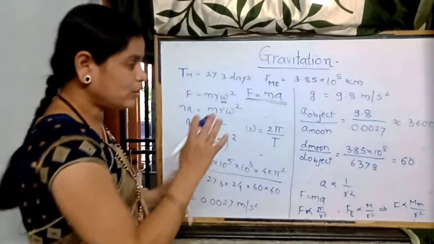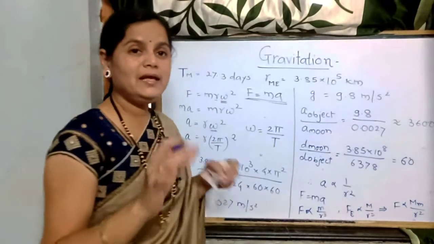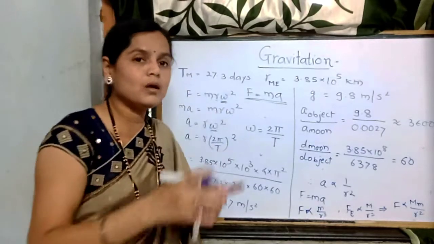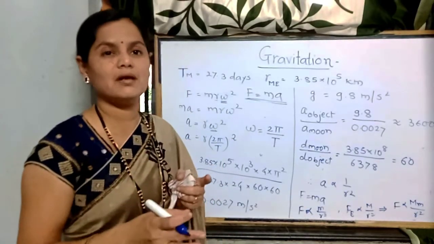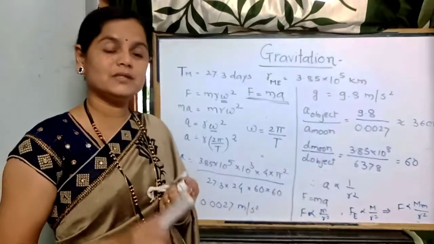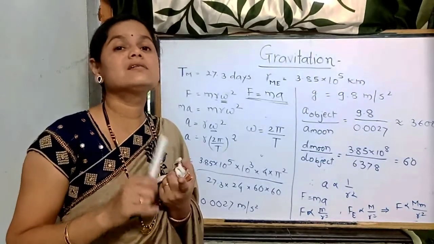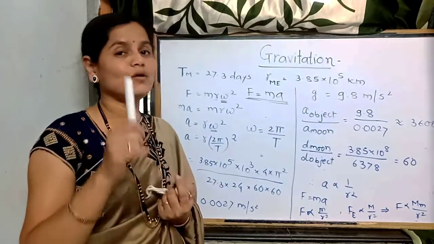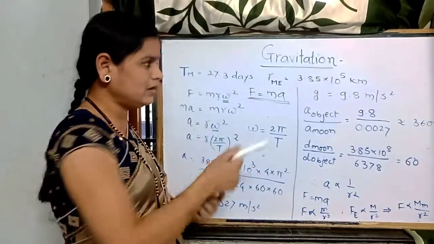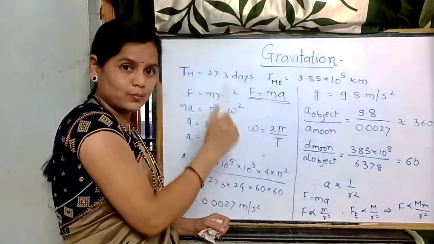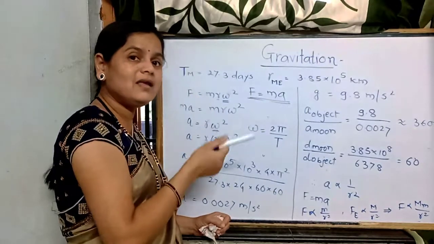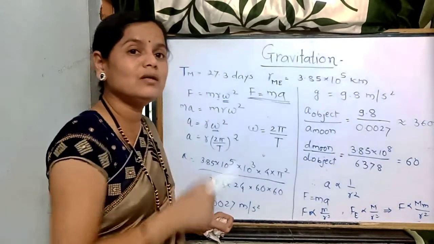What we are going to derive here is Newton's law of gravitation. How do we arrive at Newton's law of gravitation? This derivation is found from the study of the motion of the moon around the earth. From that we have found here that Newton proposed his law of gravitation from the study of the motion of the moon around the earth.